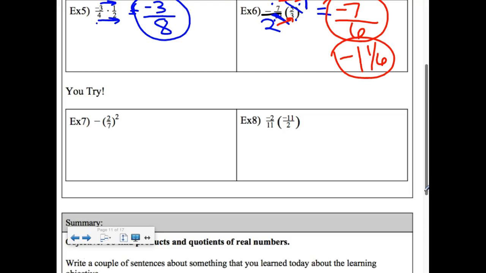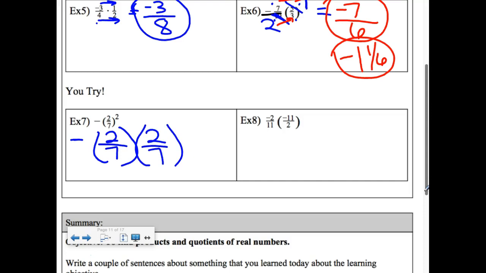All right, so from our very beginning page, this 2, remember, means there are 2 of them. So I'm really going to rewrite this as, no, I'm not. That negative goes on the outside. Oops, sorry, everyone. That negative is on the outside. So what I really have is 2 7ths times 2 7ths.